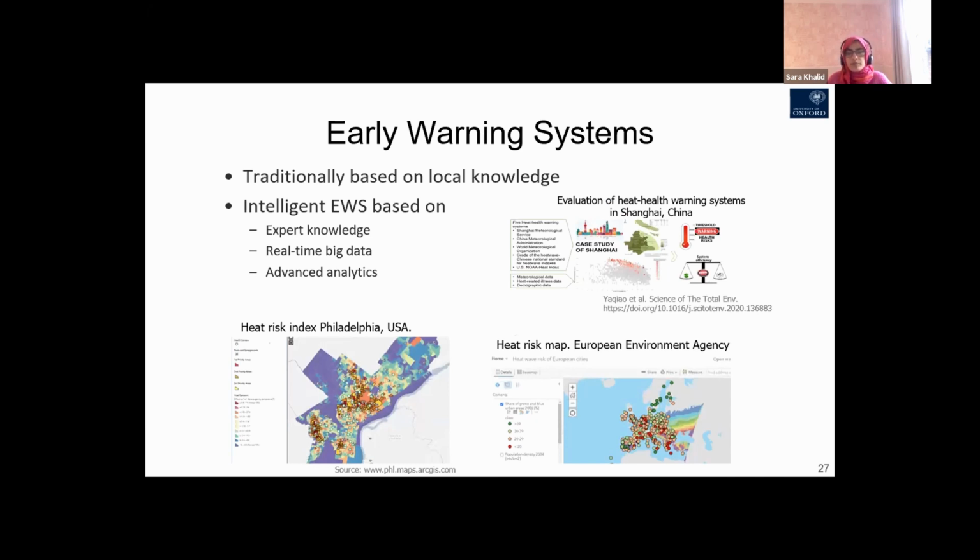Through AI, big data, and high performance compute, which are, as we know, the three key components of advanced analytics, now intelligent early warning systems have been developed, which have the potential to provide advanced warning of extreme weather and climate events. Such systems for early warning of heat, for instance, are already in place in places like Shanghai, several cities in Europe, and there's even a system in the US, in Philadelphia, to name a few.